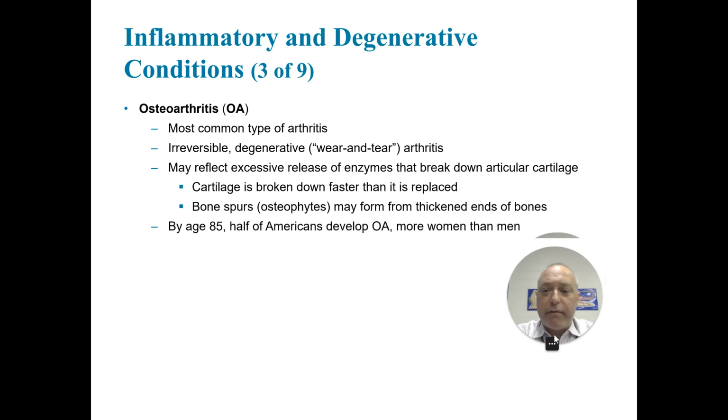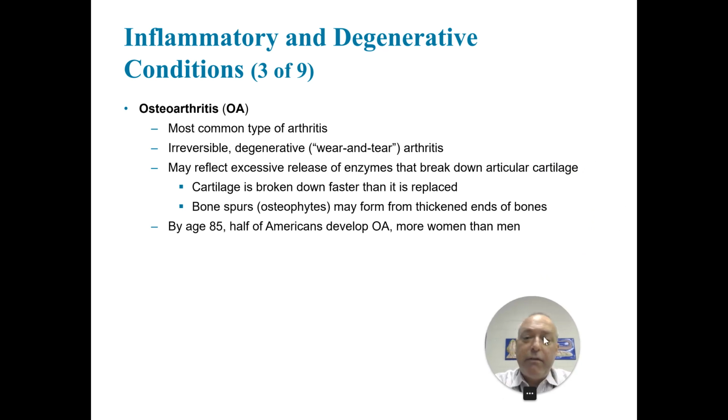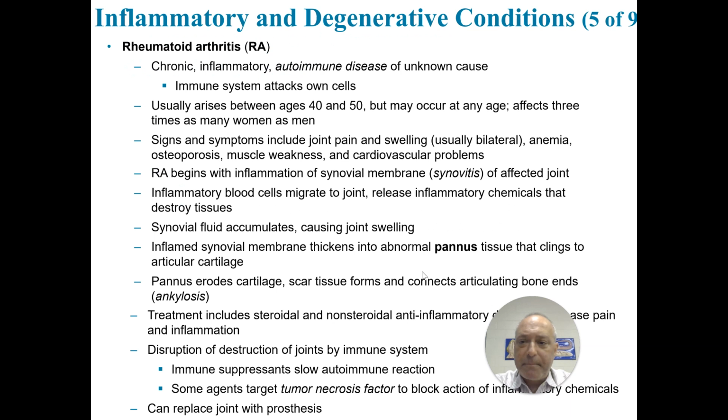So in osteoarthritis, it's irreversible, degenerative. It's caused by excess wear and tear where the articular cartilage is broken down, bone spurs develop. Osteoarthritis is more common in women than men.